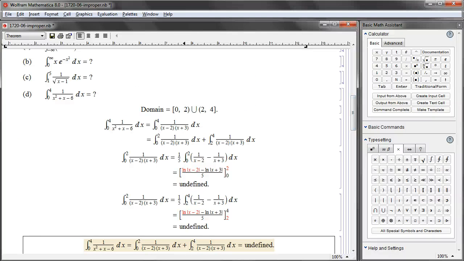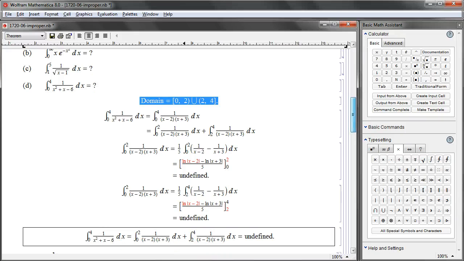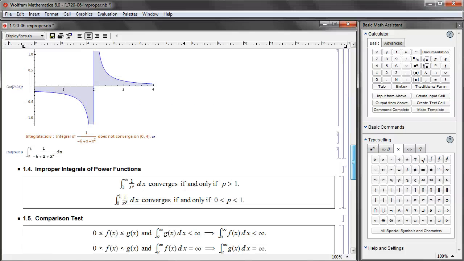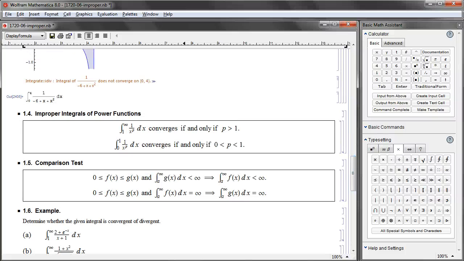If you do not see the singularity, and if you calculate kind of like this, let me try to get an incorrect solution here.